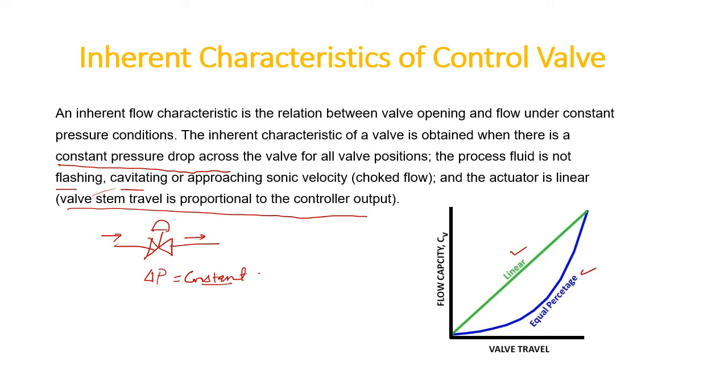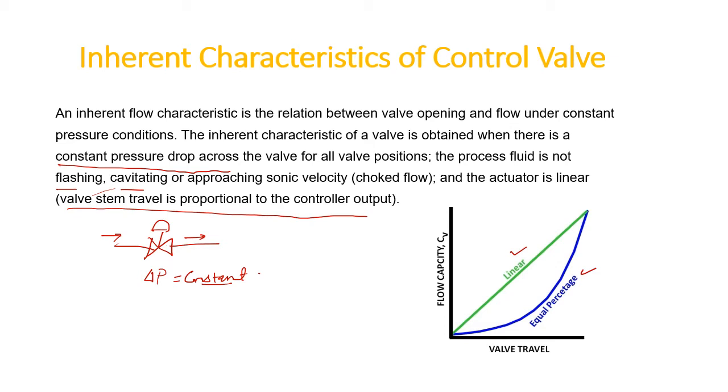Second is the fluid is not flashing, cavitating or approaching sonic velocity. And third, you are giving a command to some actuator, not opening through a hand wheel, which is different, so the actuator has to be linear, because the actuator performance can also be non-linear. So you should keep these three things in mind.